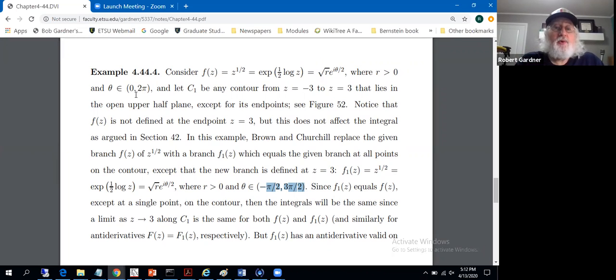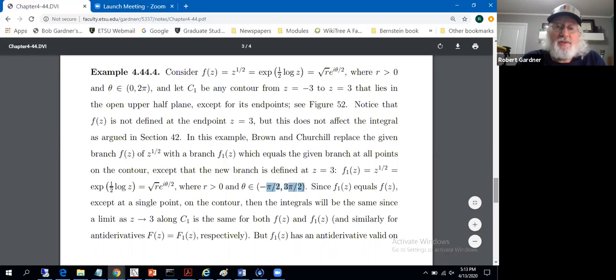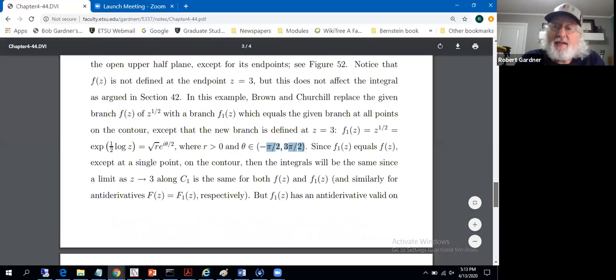So anyhow, we've got agreement in terms of theta values between 0 and pi, excluding 0 and with a square bracket on the pi end. So between 0 and pi, we've got agreement, except at 0, but that's just a single point on the contour, a single point at which we're redefining the integrand.